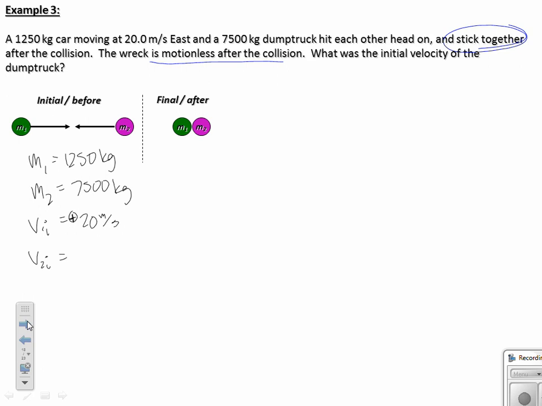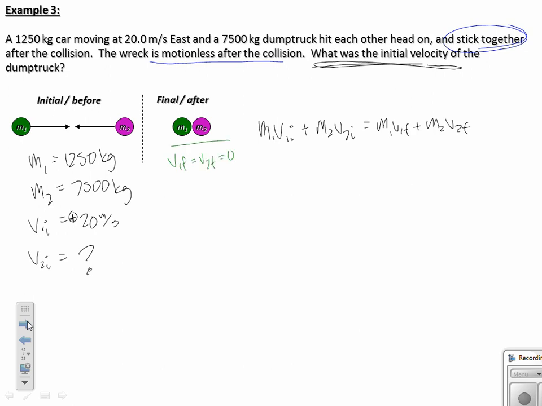V2 initial, well, that's what we're looking for. Now, in the end, notice V1 final and V2 final are both 0.